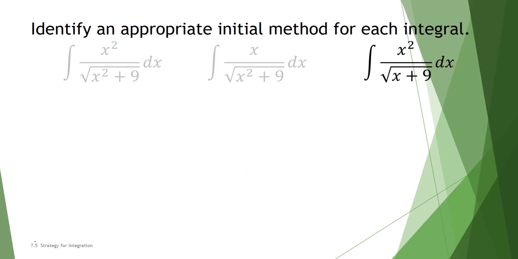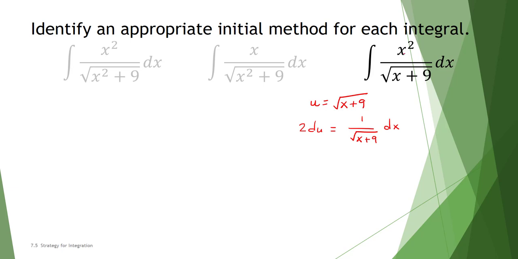For this integral, we have x squared divided by the square root of x plus 9 dx. Here, I would do a substitution. I would choose u to be the square root of x plus 9. Then 2 du equals 1 over the square root of x plus 9 dx. So the 2 du will take the place of the square root on the bottom along with the dx.